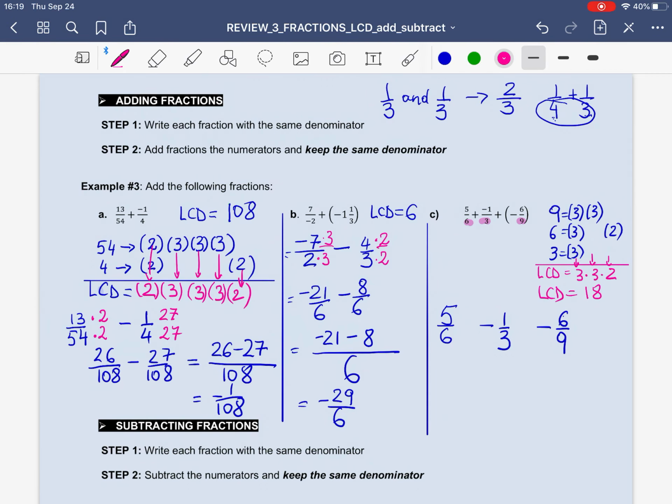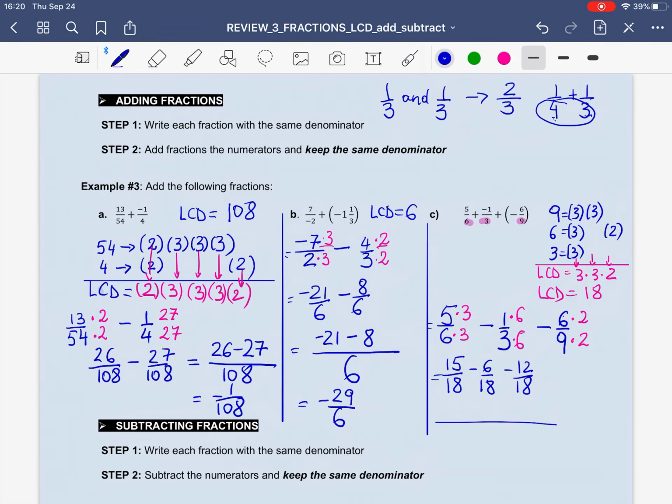The denominator has to be 18, which means multiply by 3 here, and multiply the numerator by 3; multiply by 6, multiply the numerator by 6; multiply by 2, multiply the numerator by 2. So our expression will change to become 15 over 18 minus 6 over 18 minus 12 over 18. Voila, we have all the terms with the same denominator.